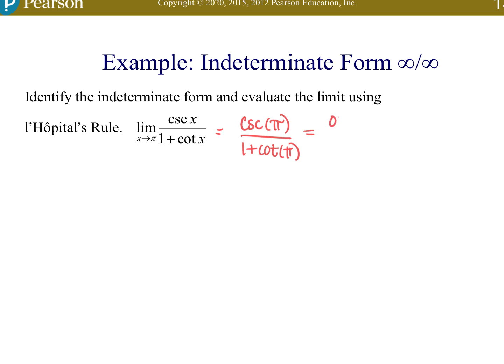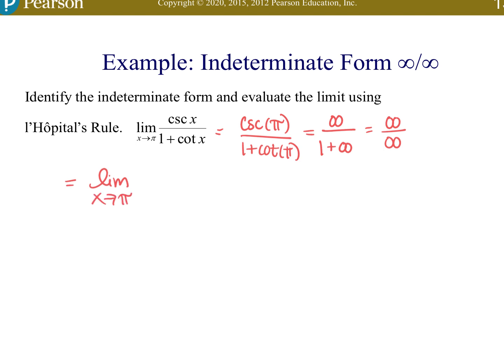And so that would be a value of infinity because it's an asymptote. 1 plus the cotangent of pi is 1 plus another asymptote. And so when you add 1 to any infinity, you're going to have the indeterminate form infinity over infinity. So this is a different kind of indeterminate form, but one that still would result in us using L'Hopital.